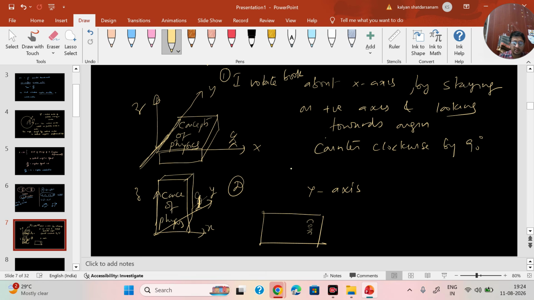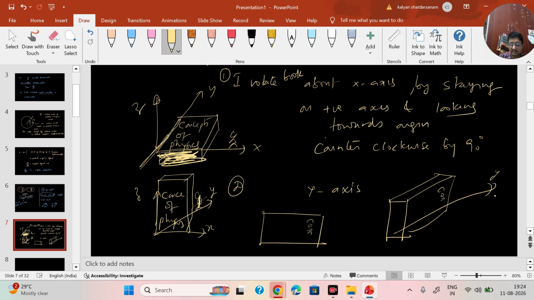When you rotate it about the y-axis, that part will become vertical, and the book comes to this position with C, O, N, something like this. That is my y-axis, this is my x, and this is my z. So the book came to this position.